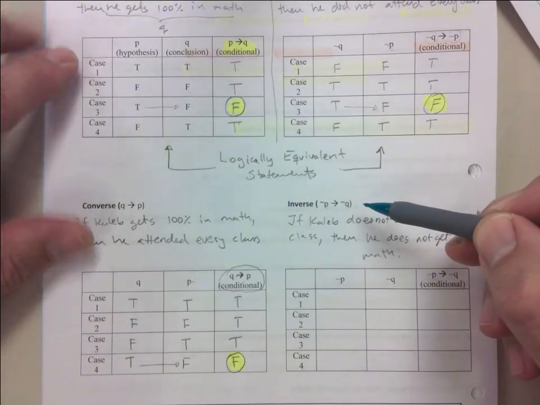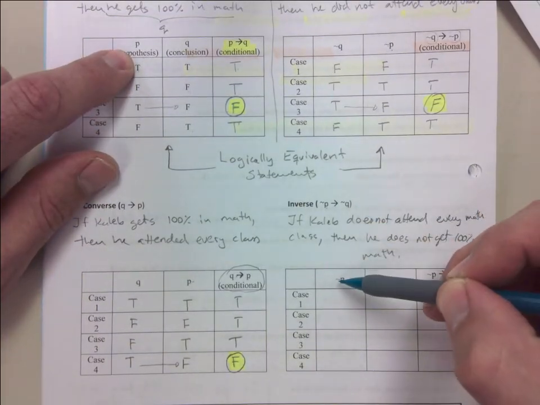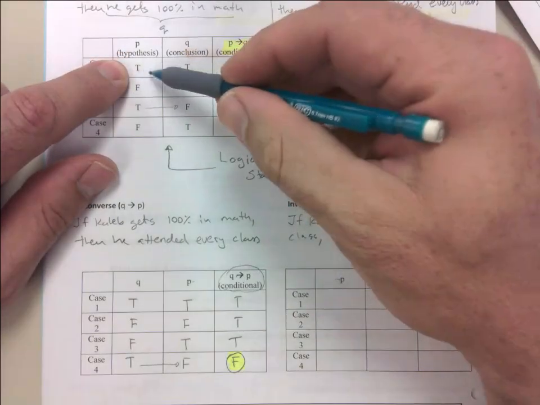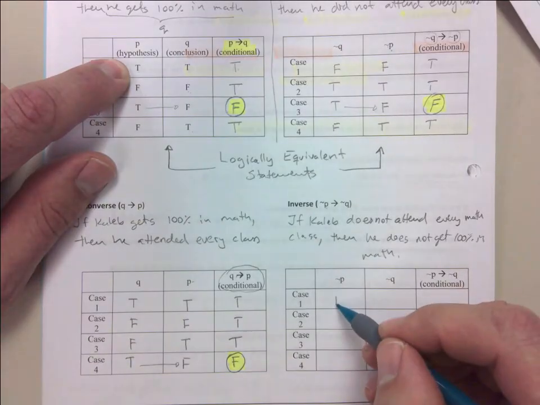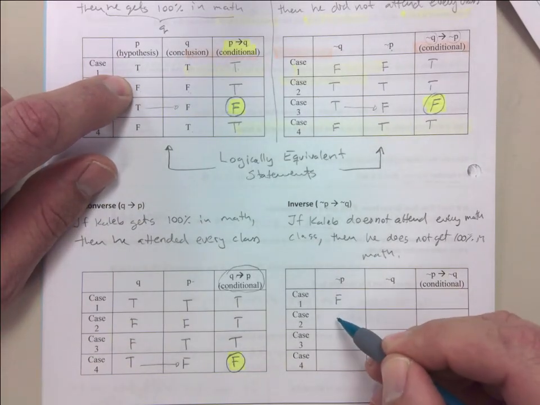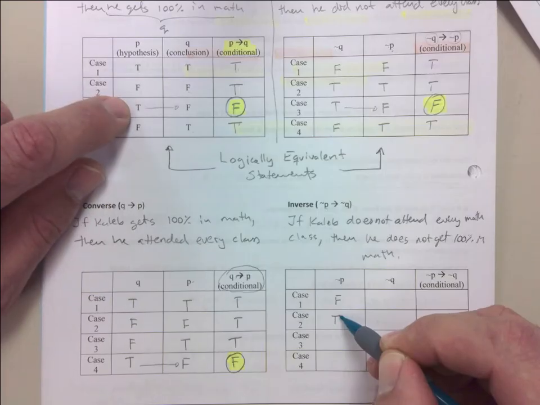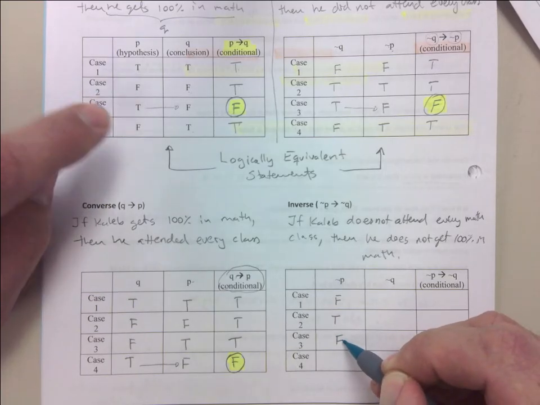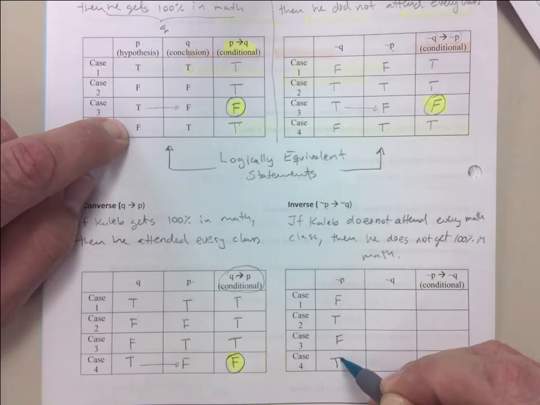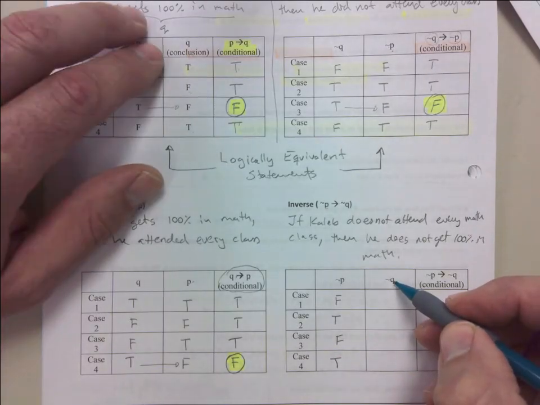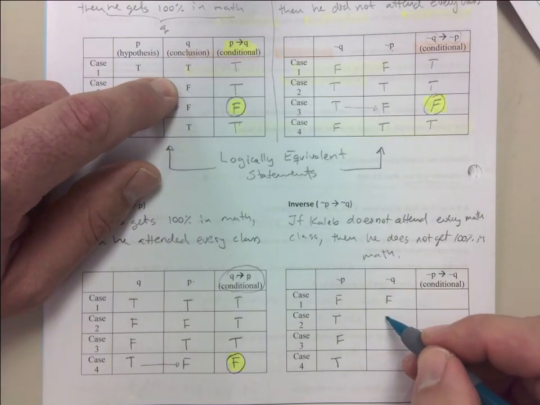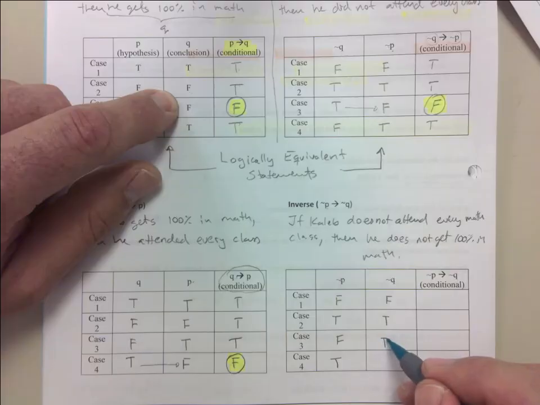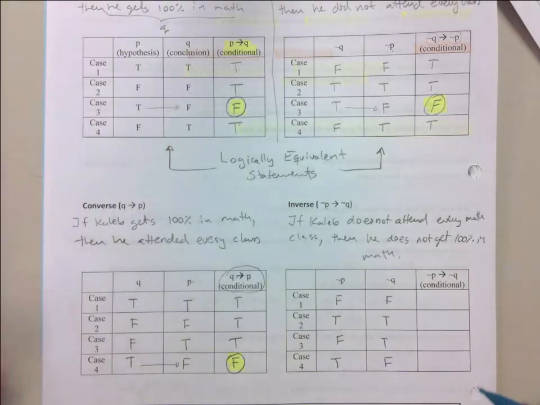So let's go back to the original here. What does not do? It basically changes a true statement to a false. So we're going to go false, and then the second would be true, and because this is true, this would be false, and because this is false, this would be true. And then not Q, you go back to the Q here, and that would be F, T, T, F, right?